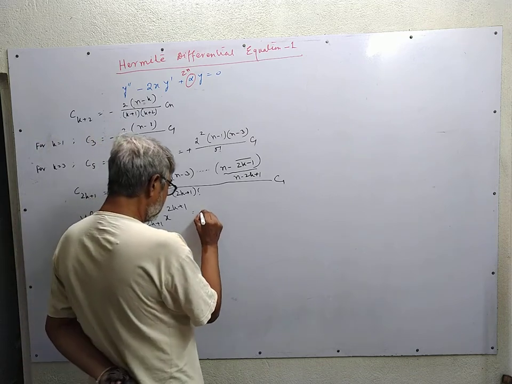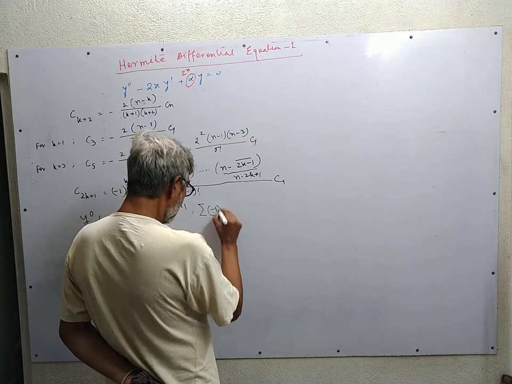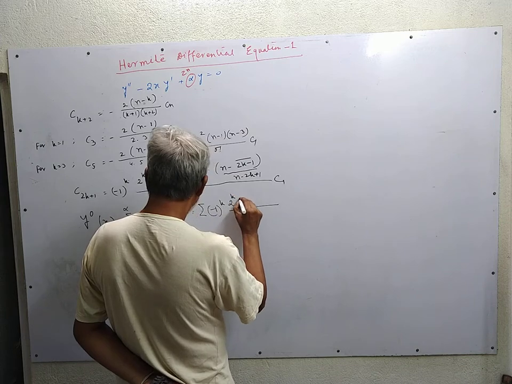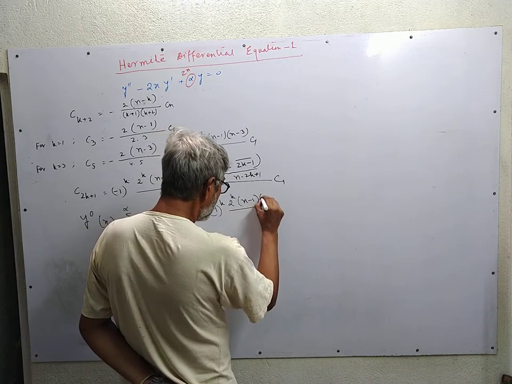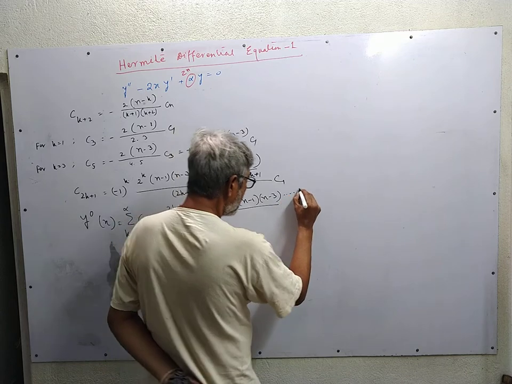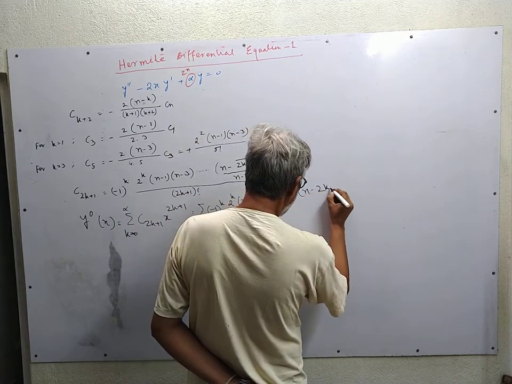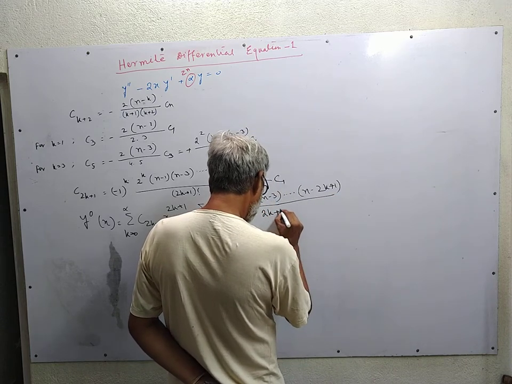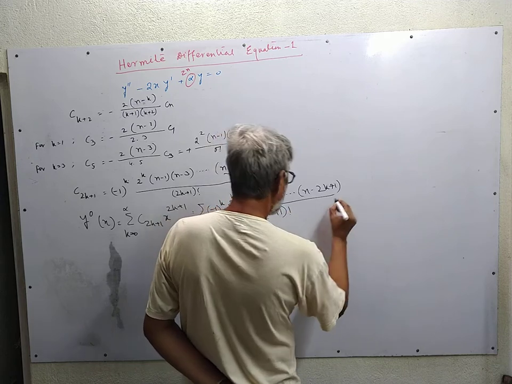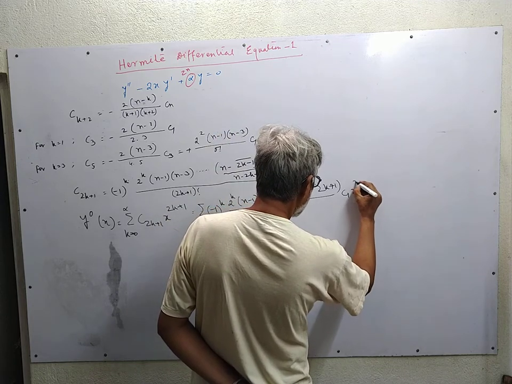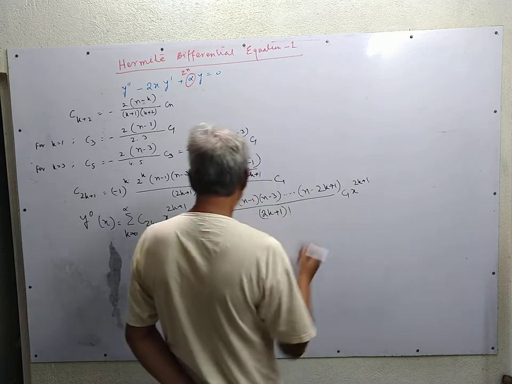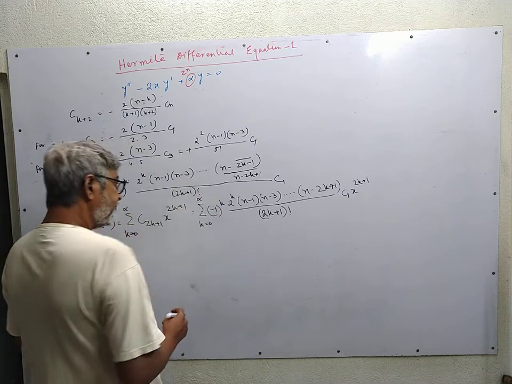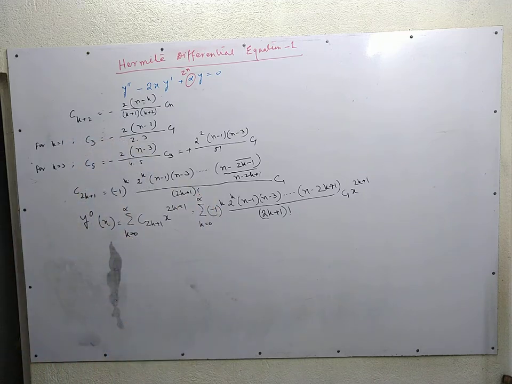So this is equal to summation, you can take C1 out of the summation sign. This is the infinite odd series.